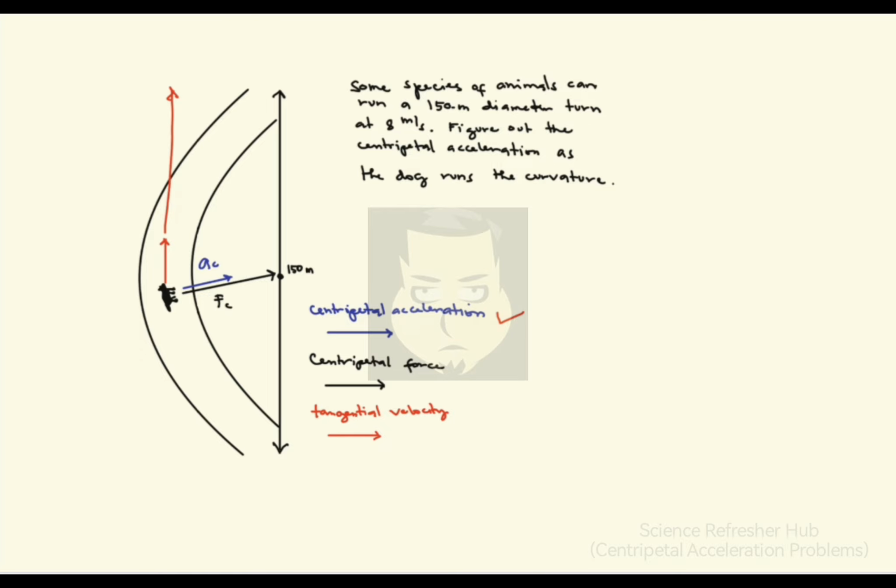Okay, so we have a narrative here. The narrative goes like this: some species of animals can run a 150 diameter. Let's be careful because we have diameter here as our given.